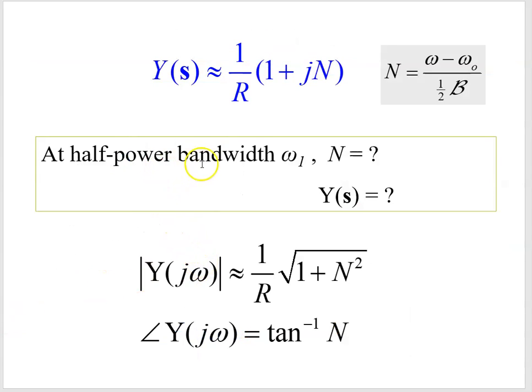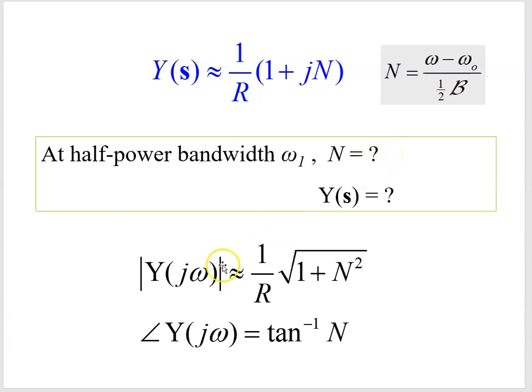So again, this asks us a question: at the half power bandwidth, omega 1, what is N? N is 1. That's the half power bandwidth off resonance.